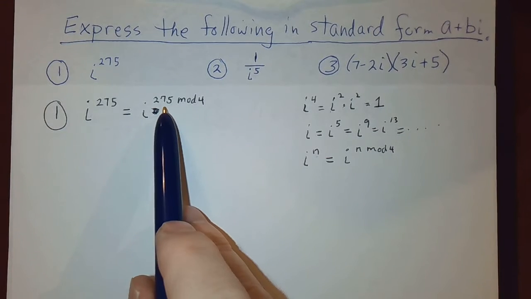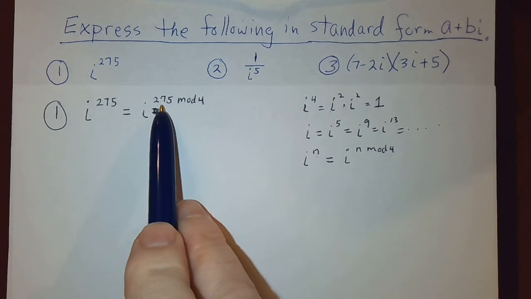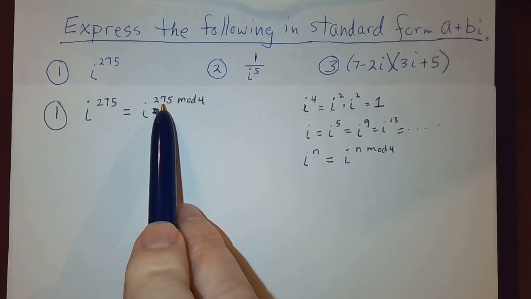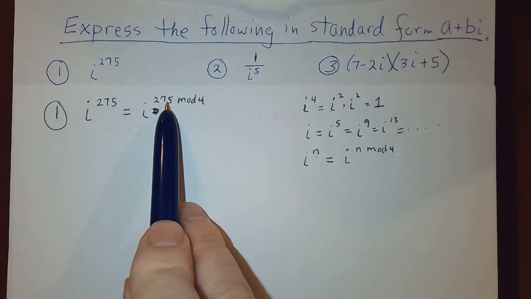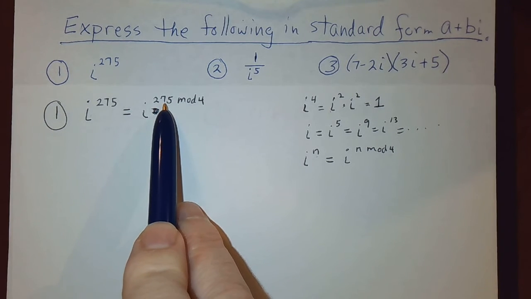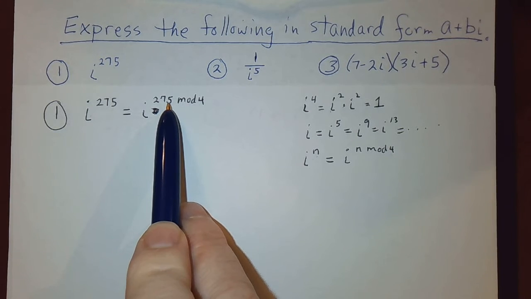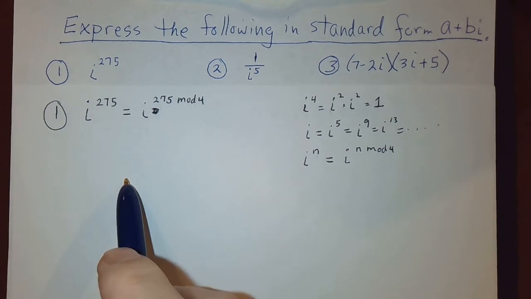Well, if we divide 275 by 4, let's see, 4 goes into 272, 18 times 4 is 72, so it would go into 272. So 275 divided by 4 would leave us with a remainder of 3, 275 minus 272.